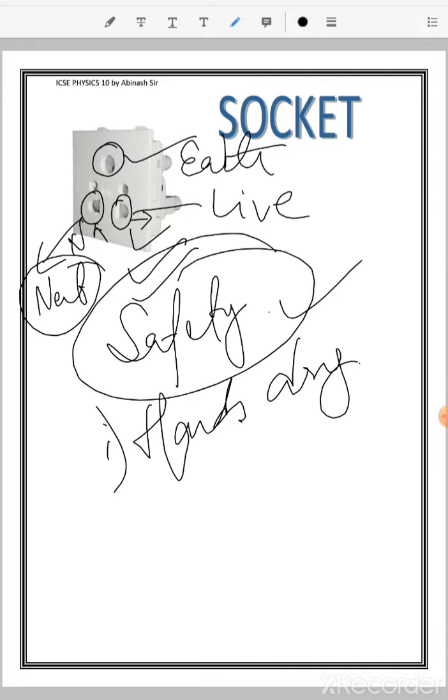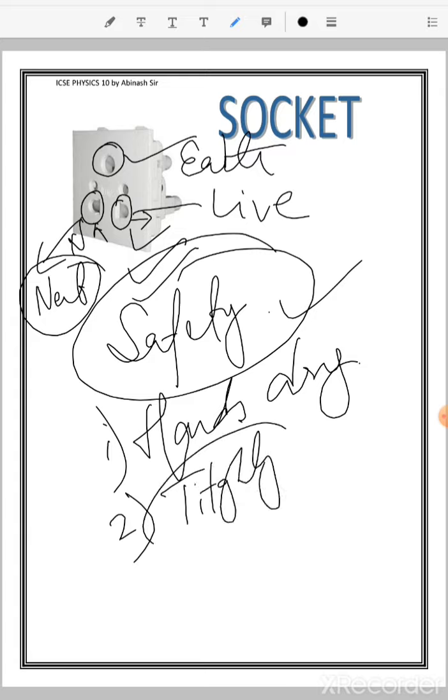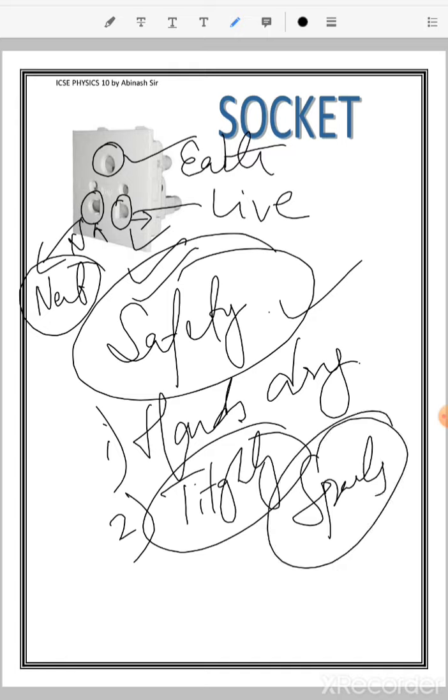And number two is the plug pins should fit in the socket tightly, because if you fit it loosely, there may be a rise of sparks which may lead to fire. Understand? So these two things have to be kept in your mind.